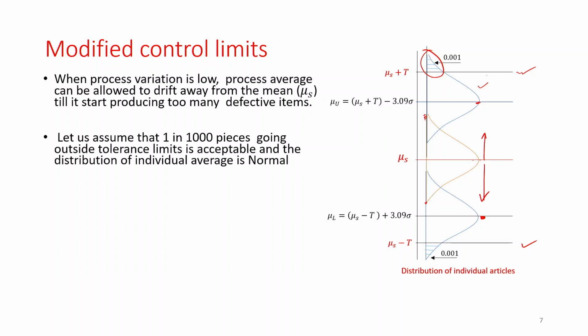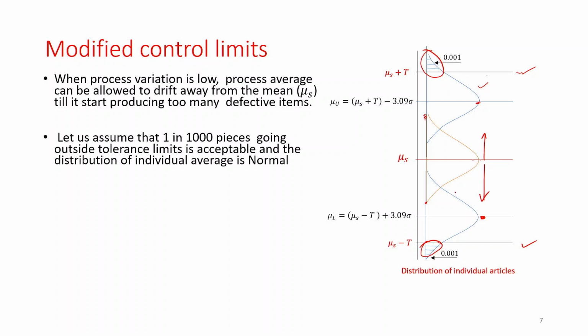If we allow that the defective items produced are acceptable as long as they remain 1 by 1000, therefore this area is 1 upon 1000, that is 0.001.